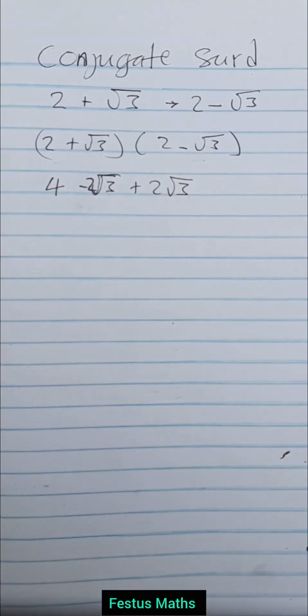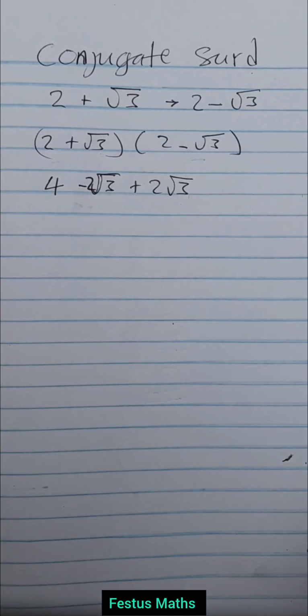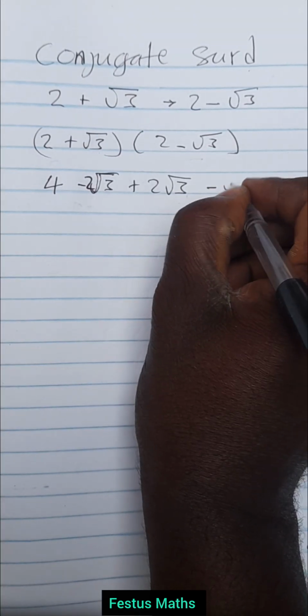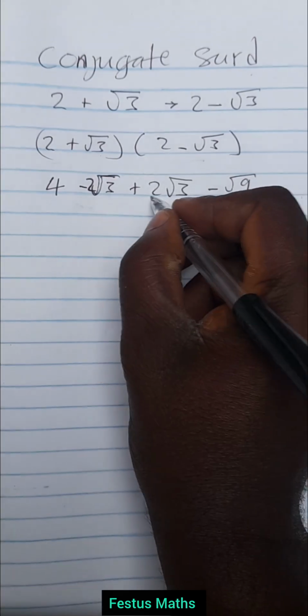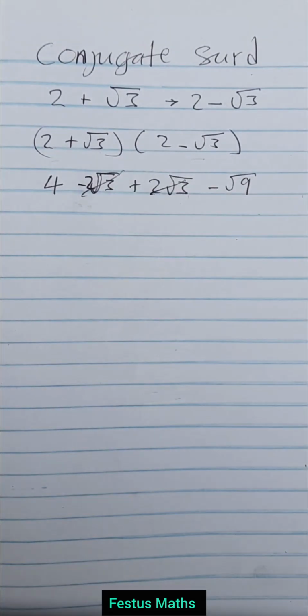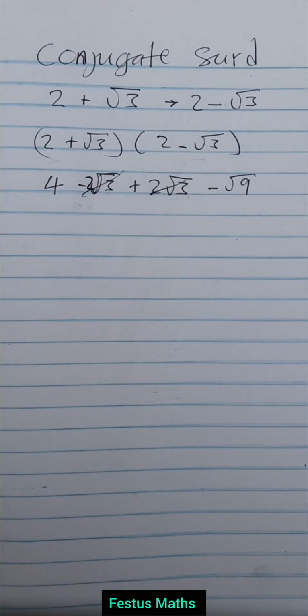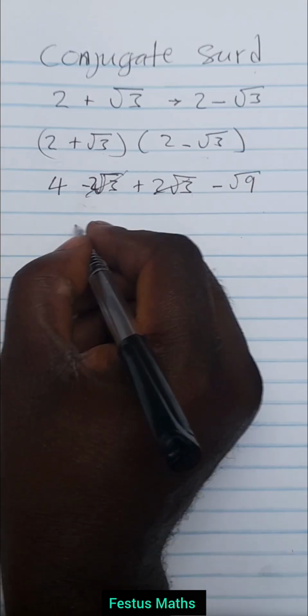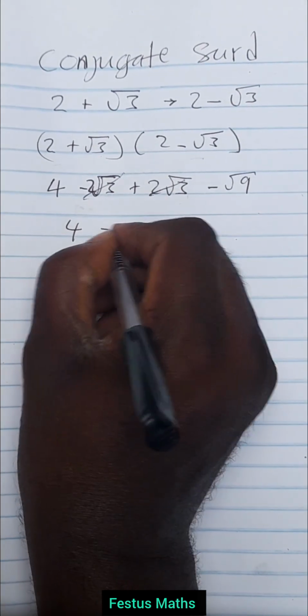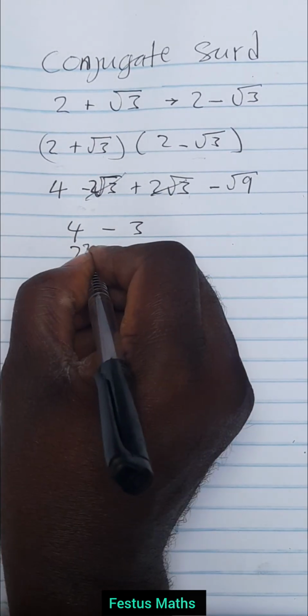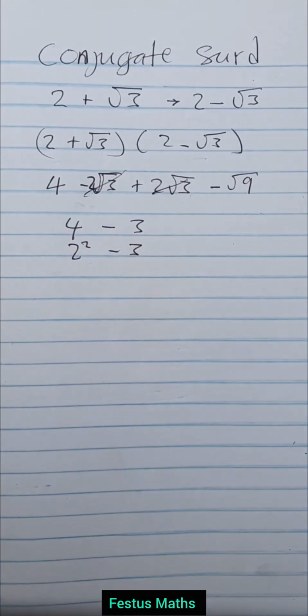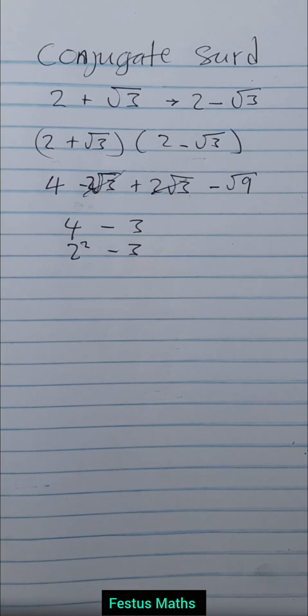Then plus root 3 multiplied by minus root 3 gives us minus root 9. This will cancel this, this cancels this, you are left with 4 minus 3, and this can also be written as 2 squared minus 3. That's conjugation of surd.